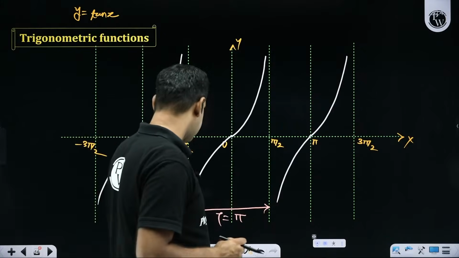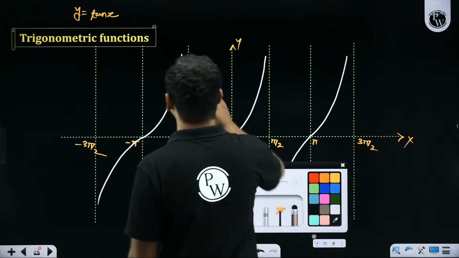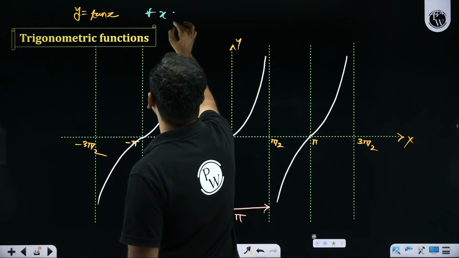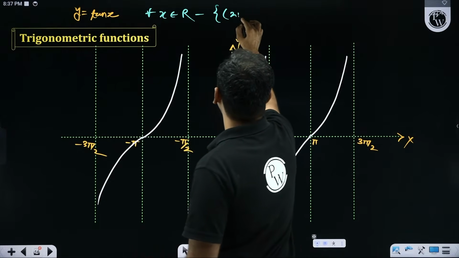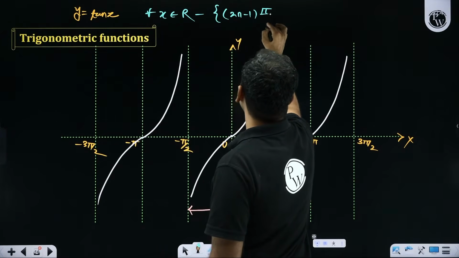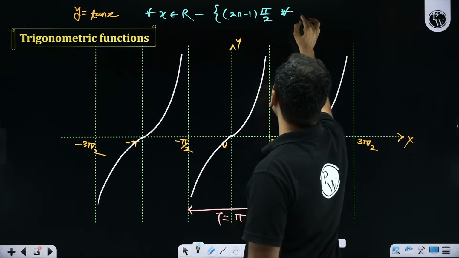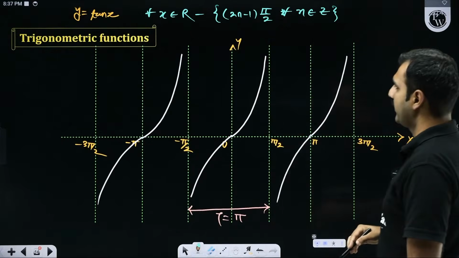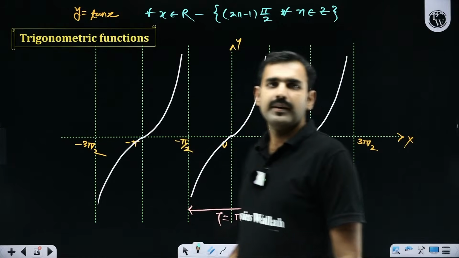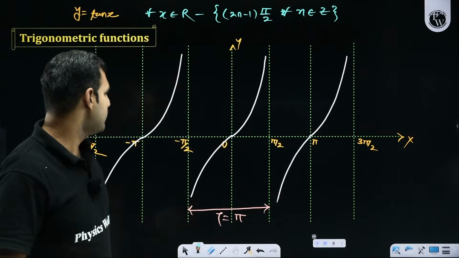So what did I just say? That tan x will be defined for all x which are real, but for odd multiples of pi by 2, it will not exist. Did you all get my point? But sir, what about its range?